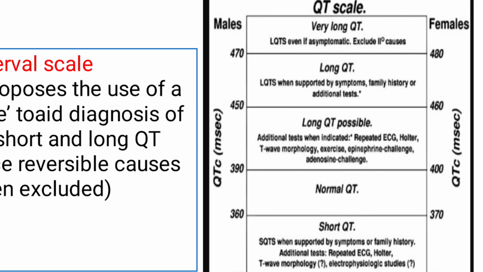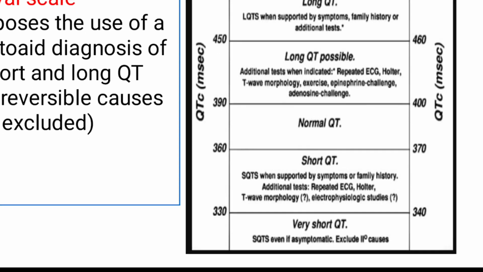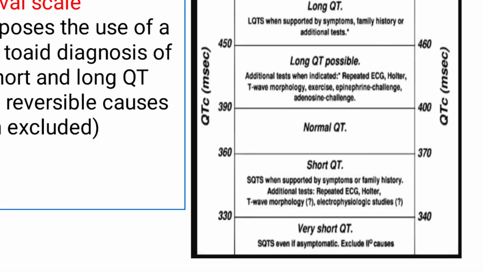Long QTc is when the QT interval is more than 450 in males and 460 in females, and if the patient has symptoms, we have to rule out family history and do some additional tests. If long QT is possible, additional tests are indicated, for example repeat ECG, Holter, T wave morphology, exercise, epinephrine challenge, adenosine challenge test.